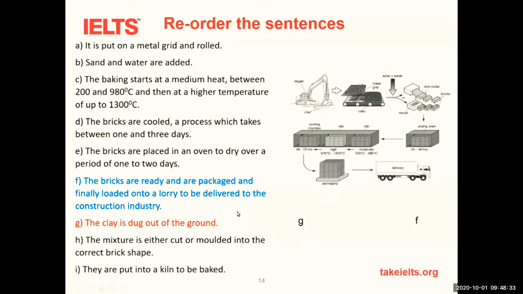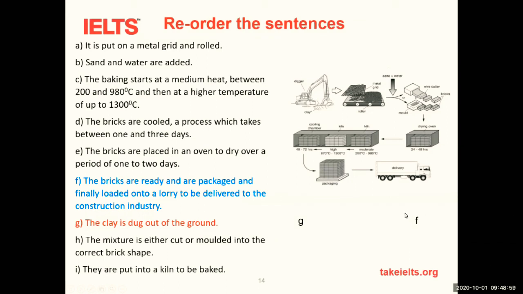Okay, now, if you've got a piece of paper and a pencil handy, that would be great. So here we've got our diagram here, and we've got all these sentences which describe this process. And we've started with G, which is the clay is dug out of the ground.